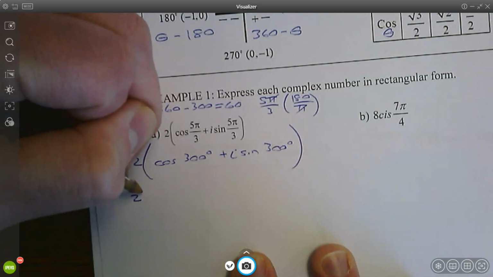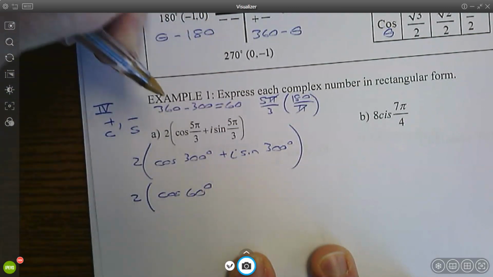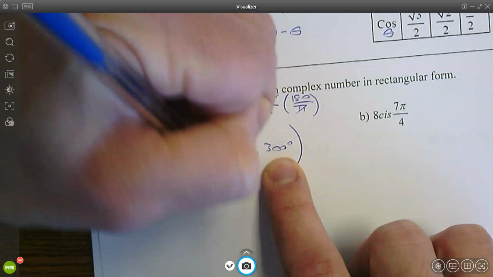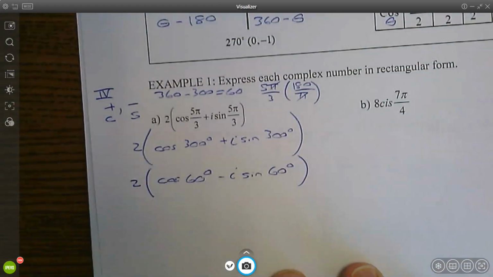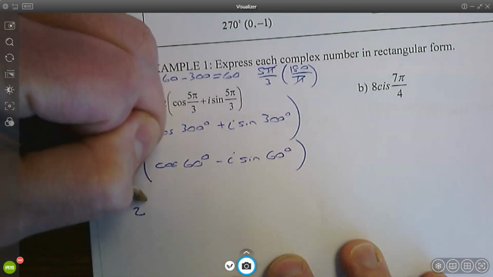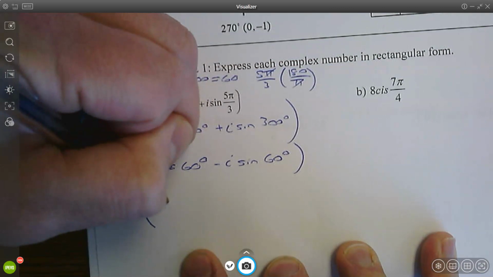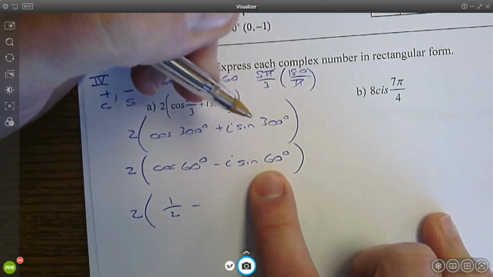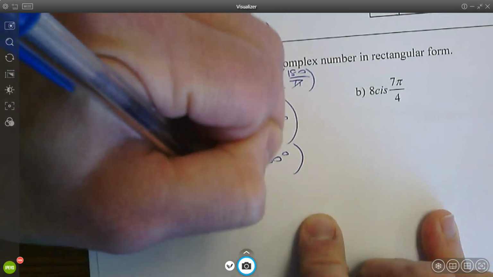So we're going to have 2 times cosine is positive, so this is just going to be the cosine of 60. The sine of 300 is going to be negative, so this is going to be minus I times the sine of 60. And now we're just going to use our exact values. The cosine of 60 is 1/2, minus the sine of 60 is the square root of 3 divided by 2.